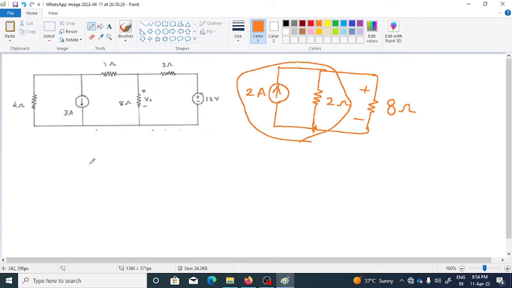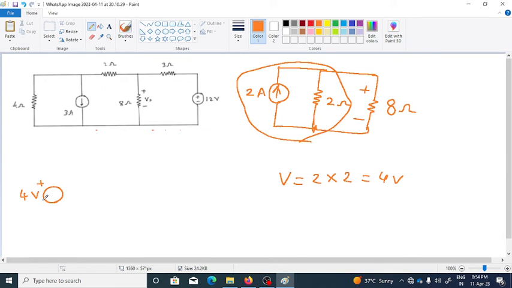So if you want to convert it, again this can be replaced by a single voltage source whose voltage will be equal to this 2 ampere into this 2 ohm. So it is again 4 volt, right? So now we'll be having the another voltage source here which is having the value of 4 volt.